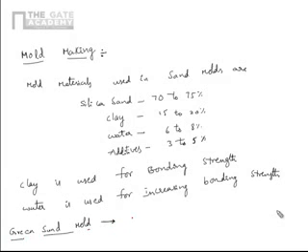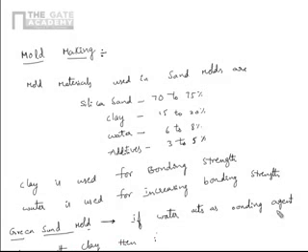In a green sand mold, water acts as a strengthening agent or bonding agent along with clay, then it is called a green sand mold.